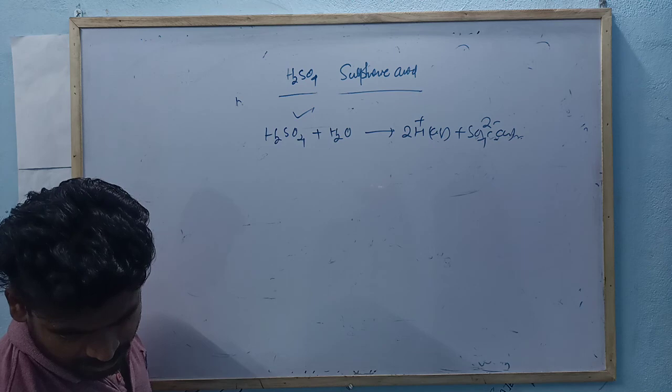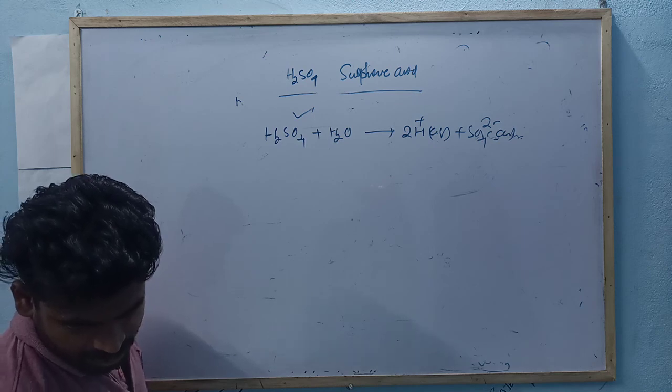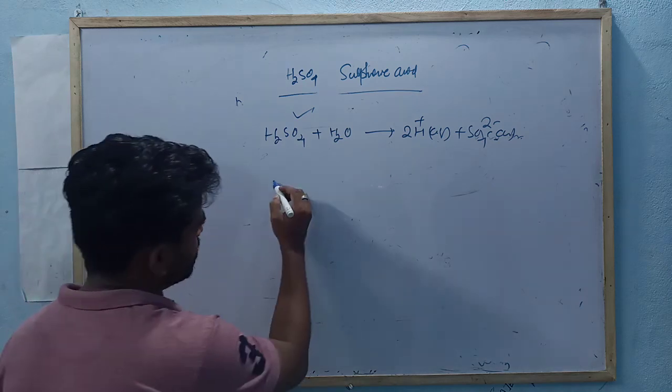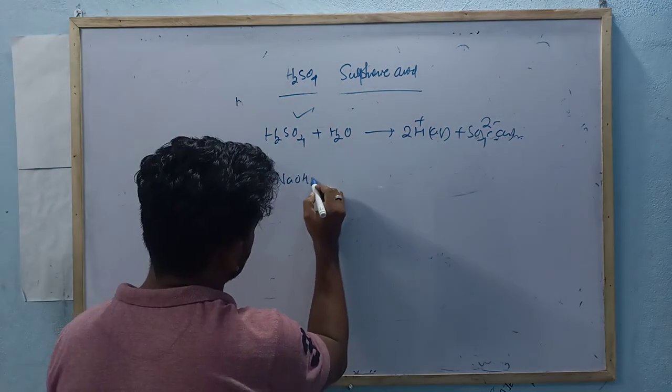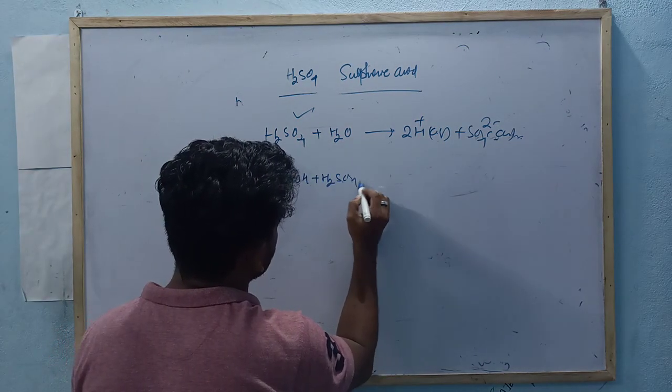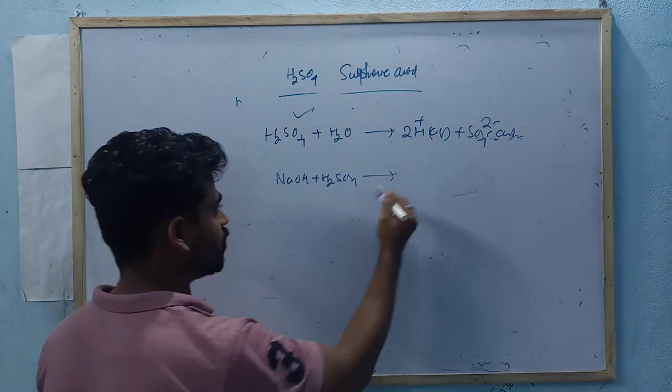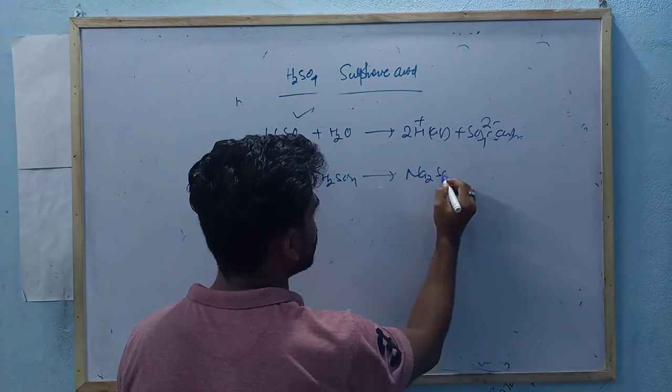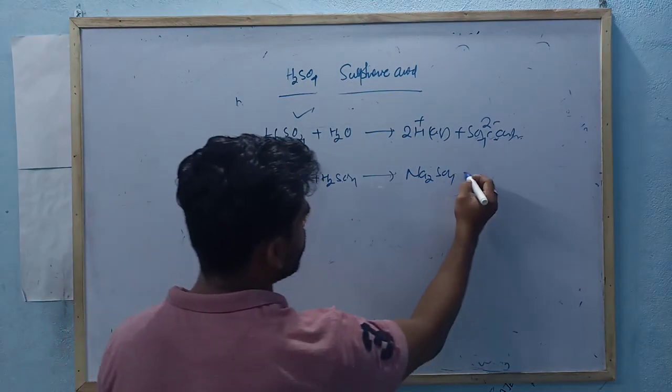If this is an acid, then on treatment with a base, let's say NaOH plus H2SO4, there will be a salt, Na2SO4, sodium sulfate, plus water.